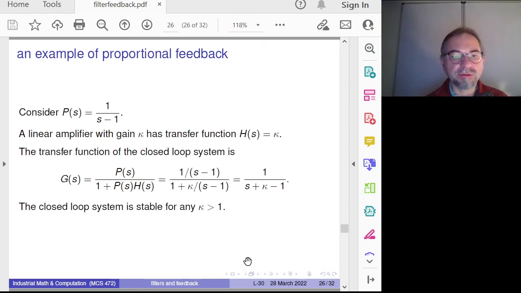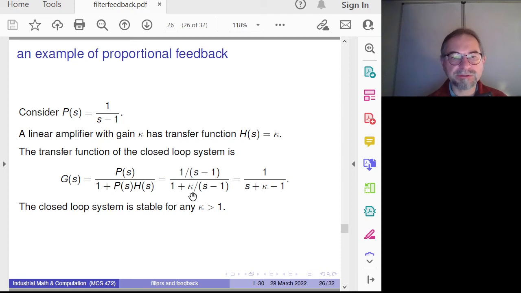So let's look at the transfer function of the closed loop system. We have the original transfer function, the transfer function of the given plant. We put that in the numerator, and in the denominator we multiply this with this constant kappa.